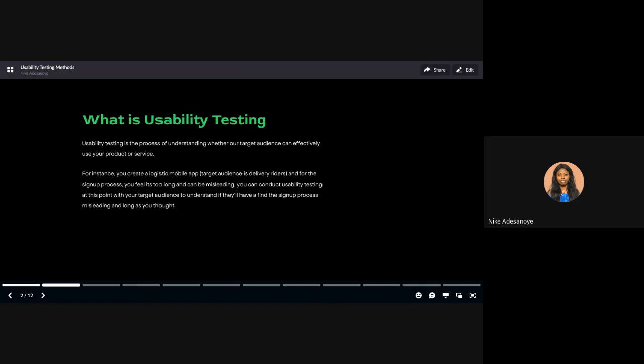So let me give you an instance, which is also here. You are designing a product for a logistics company, and because we are designers, we have so many thoughts in our head. While designing the sign up process, you felt like, oh, this sign up process is too long, because I've designed logistics products before, and their sign up process can be a lot, right?